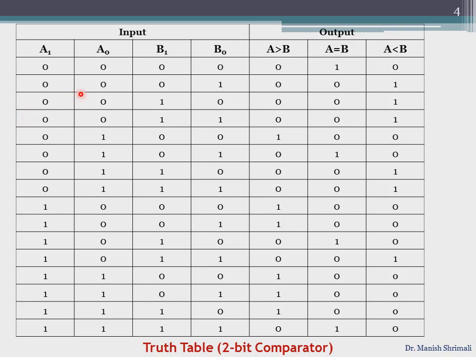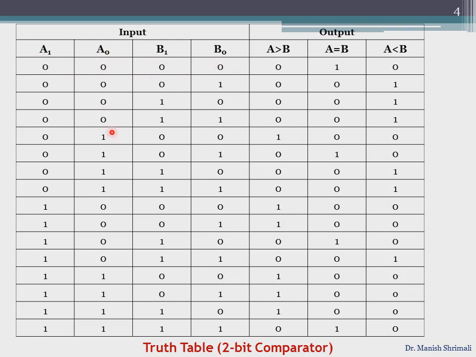Before we begin that, I would like to tell you what the weightage corresponds to. Suppose we take this A1 and A0, and here the weightage is 0 and here also the weightage is 0.